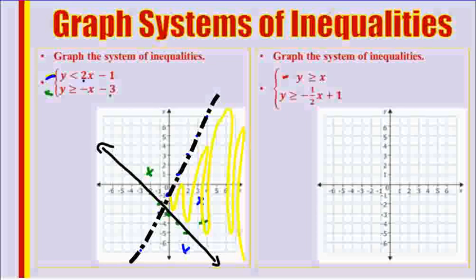Next one, over here, y is greater than or equal to x. So it's at 0, 0, positive slope. Since we have the equal part, it's a solid line. So I can draw a solid line through here.